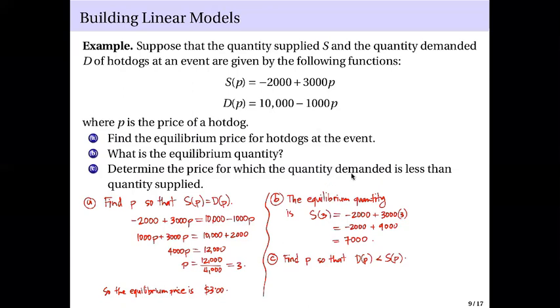Quantity demanded will be less than the quantity supplied, which means the demand will be less, which means you need a higher price. So that is our expectation: our price must be greater than 3.